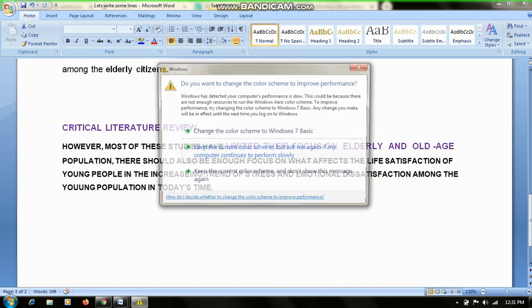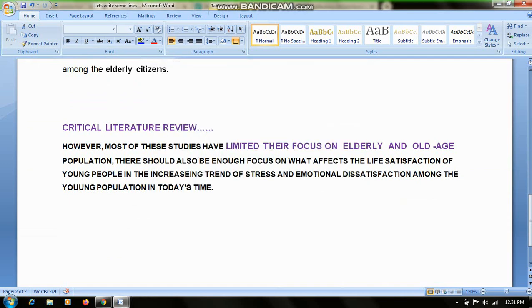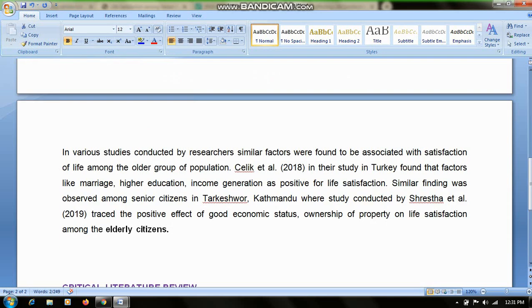So our limitation is, these studies have limited their focus to the elderly and old age population, but what about the young population? What about them? You see, this is the critical literature review.